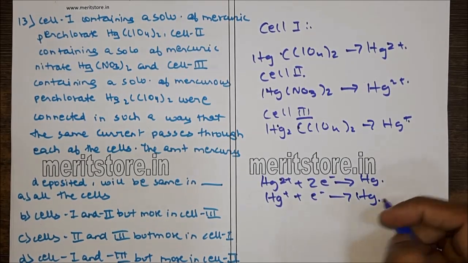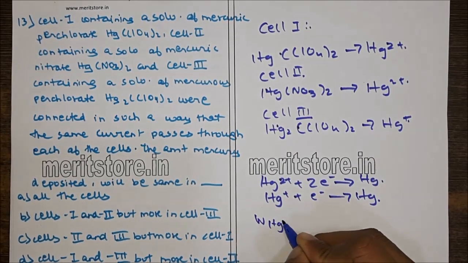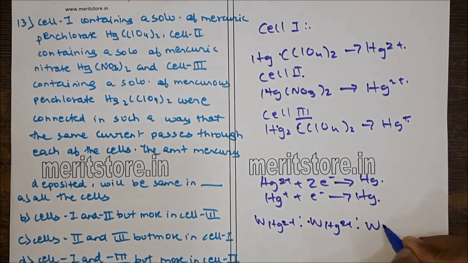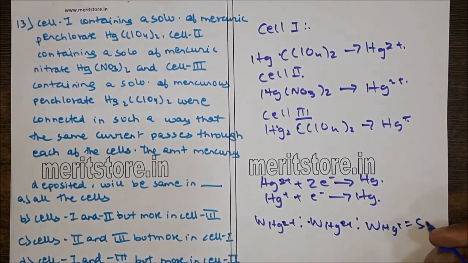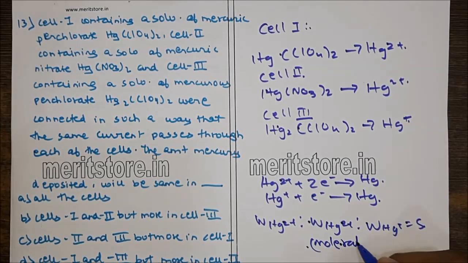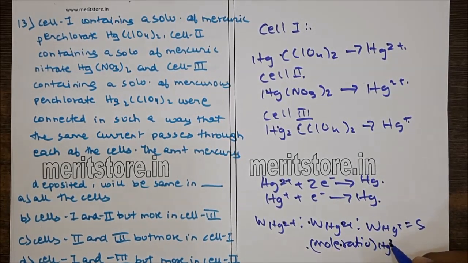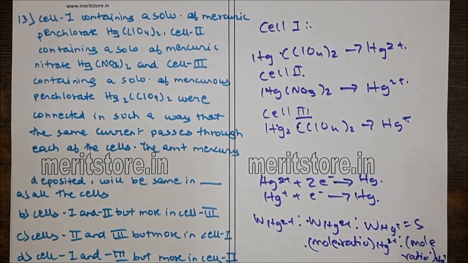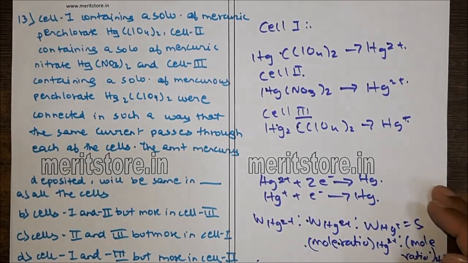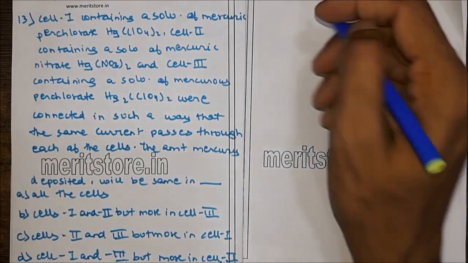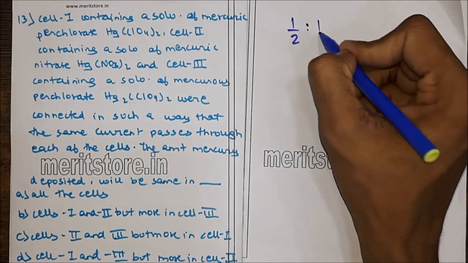So we have the ratio of W of Hg2+ to W of Hg+, which is equal to the mole ratio of Hg2+ to the mole ratio of Hg+, which we get as half is to 1.